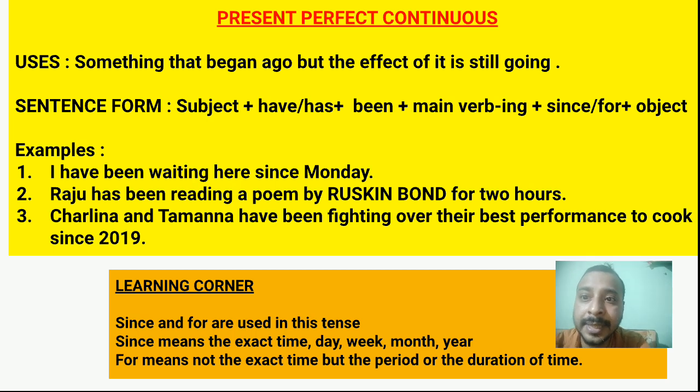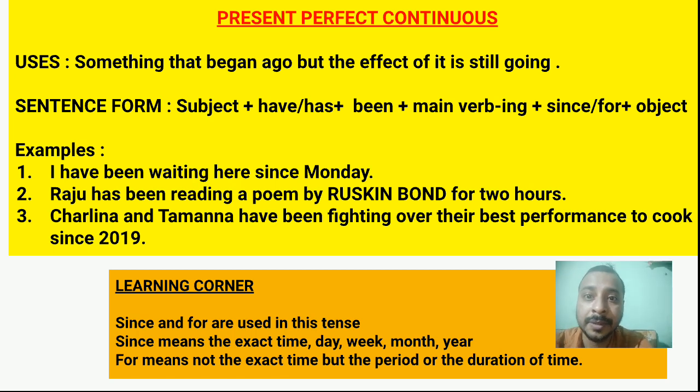Raju has been reading a poem by Ruskin Bond for 2 hours. Charlina and Tamanna have been fighting over their best performance to cook since 2019. Charlina and Tamanna are two sisters and they have been fighting over who can cook best since 2019. Okay, now see learning corner.